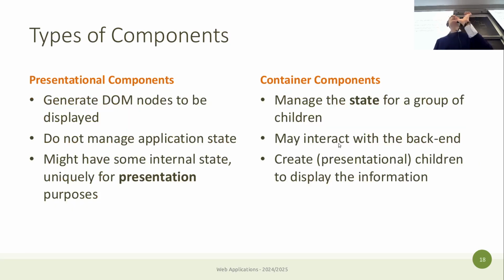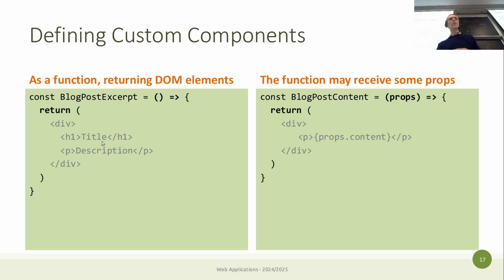There are basically two types of React components: presentational components and container components. The presentational components are meant to present information. So they receive props with the information to show, and then they will show the information in some way, in the form of, like we saw before, a title with a paragraph, a table, whatever.